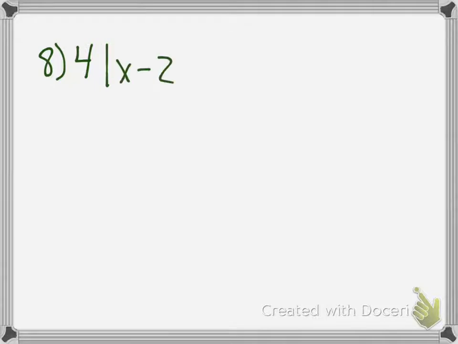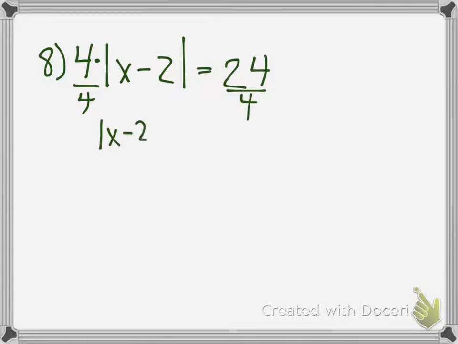Okay, so 3 times the absolute value of x minus 2 equals 18. Now, what's wrong about this one is that there is a number outside of the absolute value. And so you need to get rid of it first. So this is times, so divide. You get absolute value of x minus 2 equals 6.